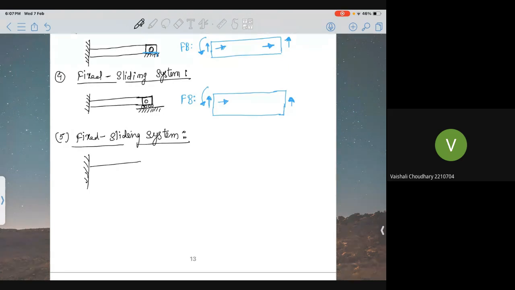This is a beam which is fixed at one end. This is a pin, and now it can move in vertical direction. Okay.